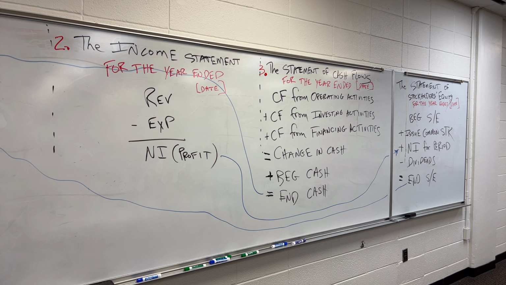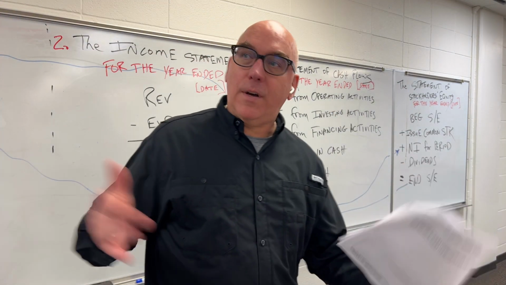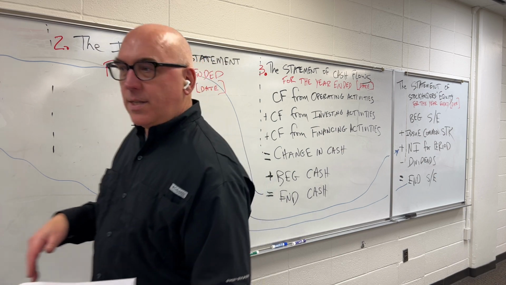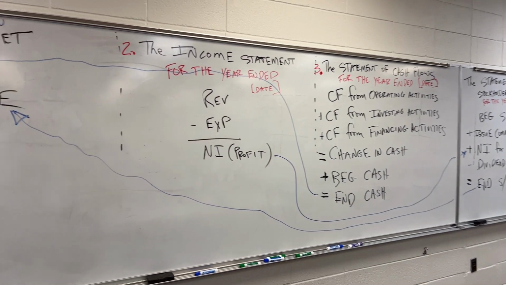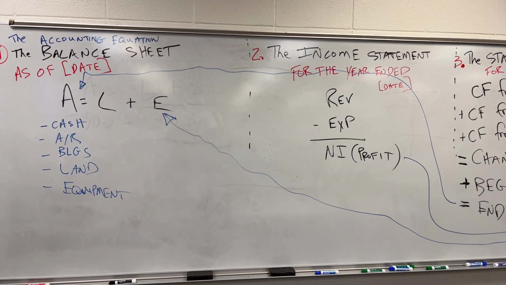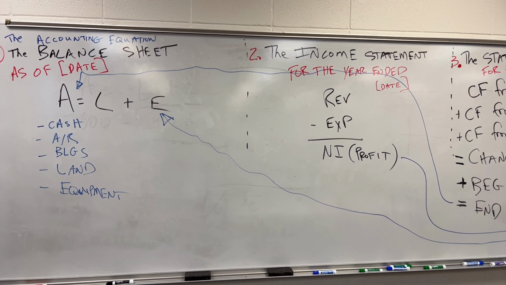The statement of stockholders' equity is prepared for a period of time, and it's only that end number, right? Ending stockholders' equity, which is an amount as of a point in time, winds up on the balance sheet, if you follow that arrow all the way there.